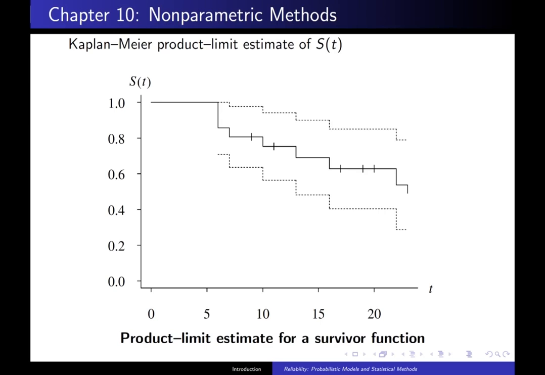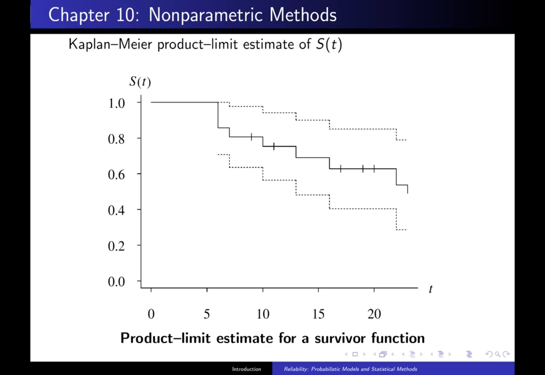In Chapter 10, we consider non-parametric methods, and that is to say the parametric methods, which are using a parametric model such as the exponential distribution or the Weibull distribution, are not being used. We're going to let the data speak for itself.